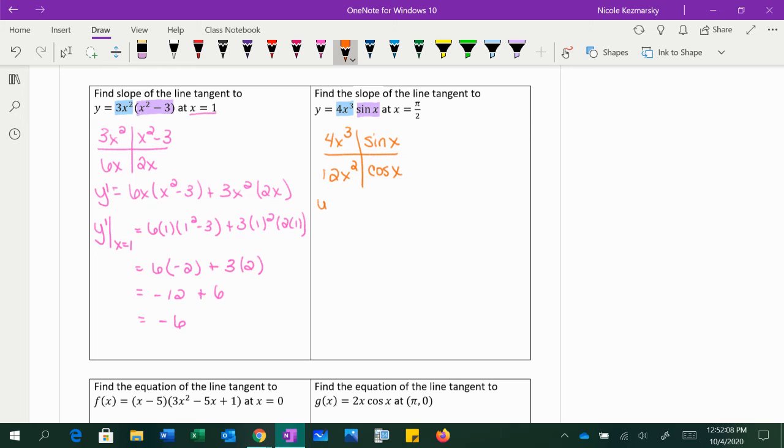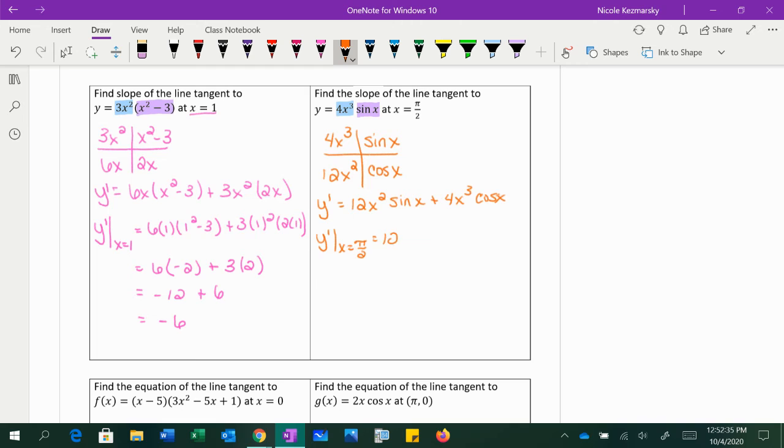So then we're going to say y prime equals, and we're going to start in the lower left, 12x squared sine of x plus 4x cubed cosine of x. I'm plugging in, so I can go ahead and plug in right away if I want to, and say x equals pi over 2.